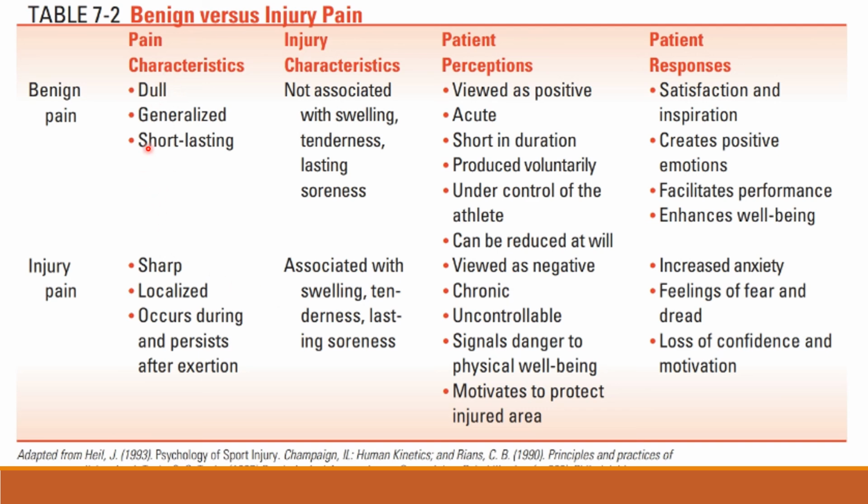And you can use some of these descriptions and characteristics: sharp, localized, occurs and persists after exertion, versus during activity, you might have some dull, generalized, or short-lasting pain. So helping our athletes understand the difference between benign pain and injury pain can help their confidence and motivation throughout the injury cycle.